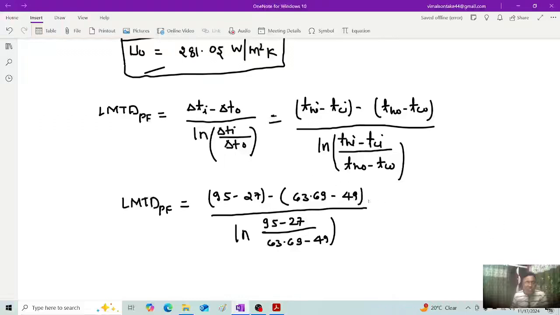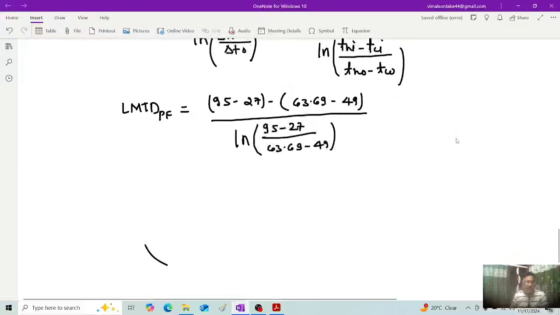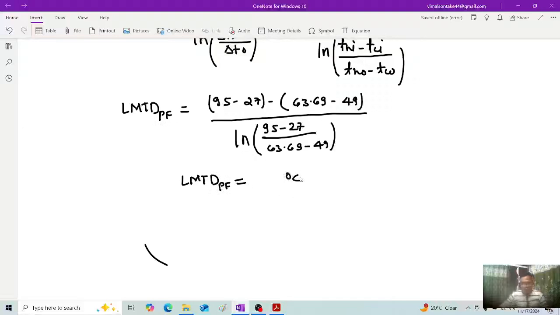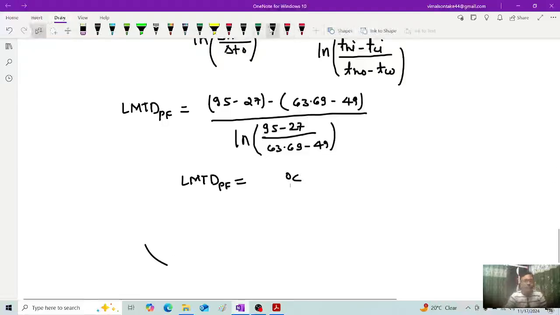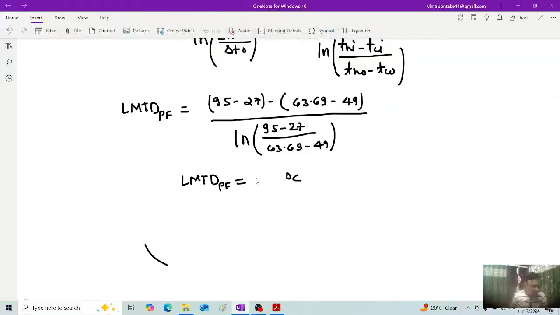So this will give the value of LMTD for parallel flow heat exchanger as 34.78 degrees Celsius is the LMTD for parallel flow.